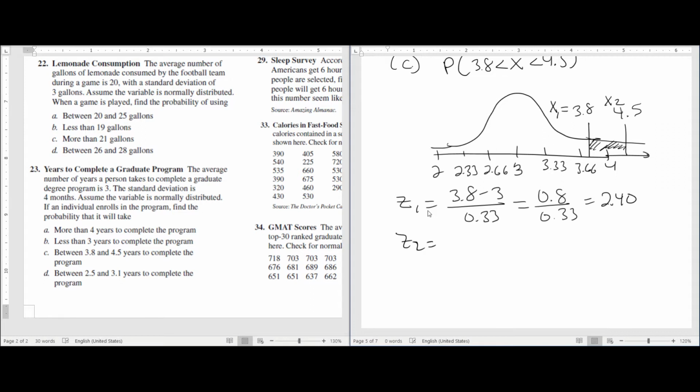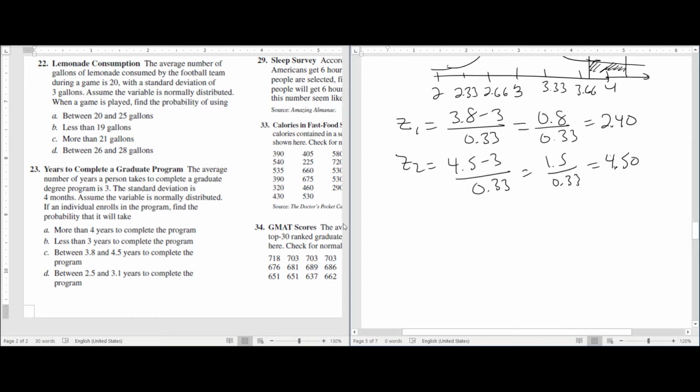Now let's do z2. 4.5 minus 3 over 0.33, 1.5 over 1/3. You get 4.5. Yeah, let me make sure. 4.50. All right.